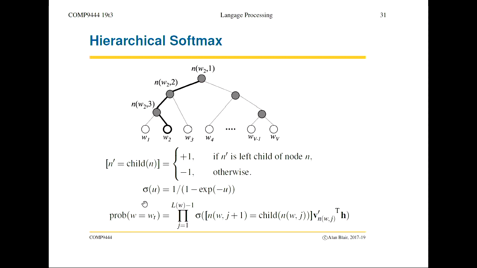So the probability of choosing this word is the product for all the nodes along this path of the sigmoid of the output of that node, and then multiplied by that corresponding output, and times the hidden node. Right. So this equation does kind of make sense, but they've just made up a very specialized notation.